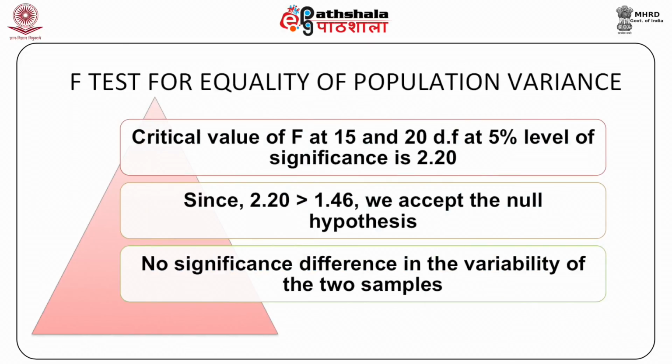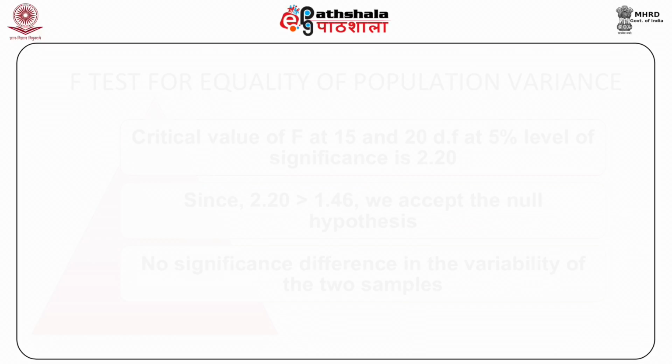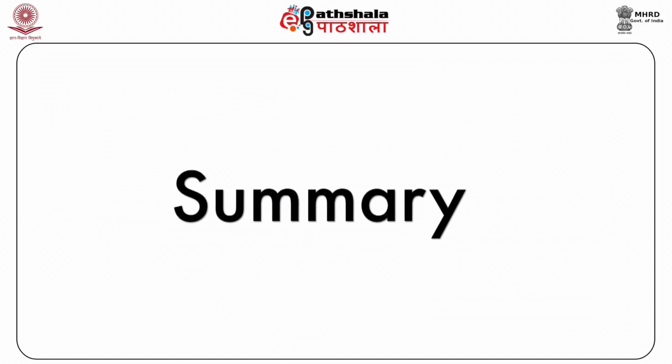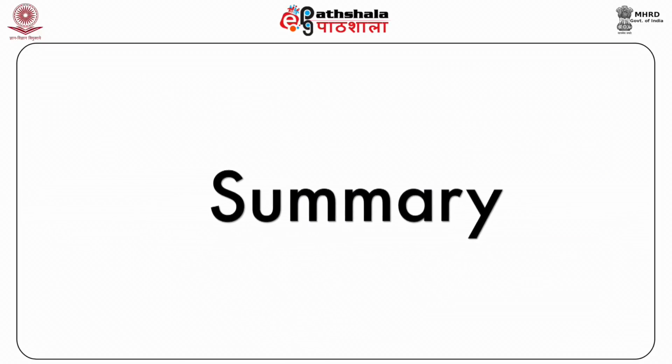The critical value of F at 15 and 20 degrees of freedom at 5% level of significance is 2.20. Since 2.20 is greater than 1.46, we accept the null hypothesis that there is no significant difference in the variability of the two samples. Let us now summarize what we have learnt in this module.